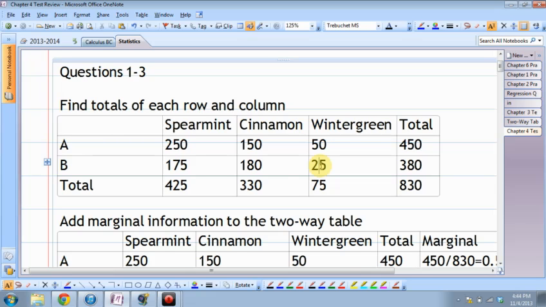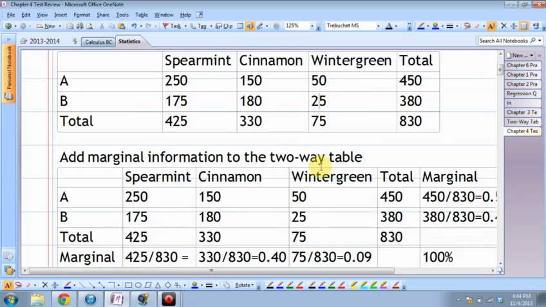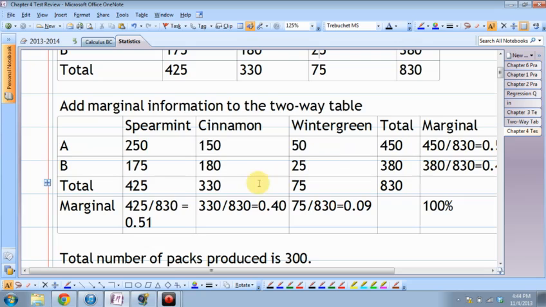830. Part B, marginal distribution for gum flavor. Okay, so gum flavor, you want to take the totals for each gum flavor and divide it by 830. So this part right here, this is question 2.